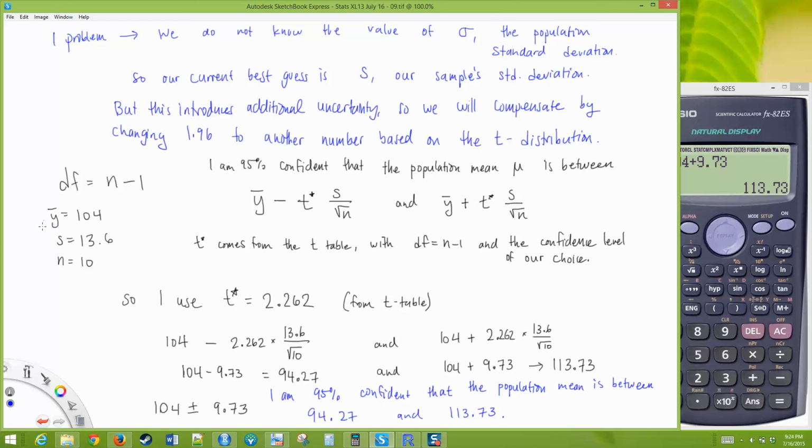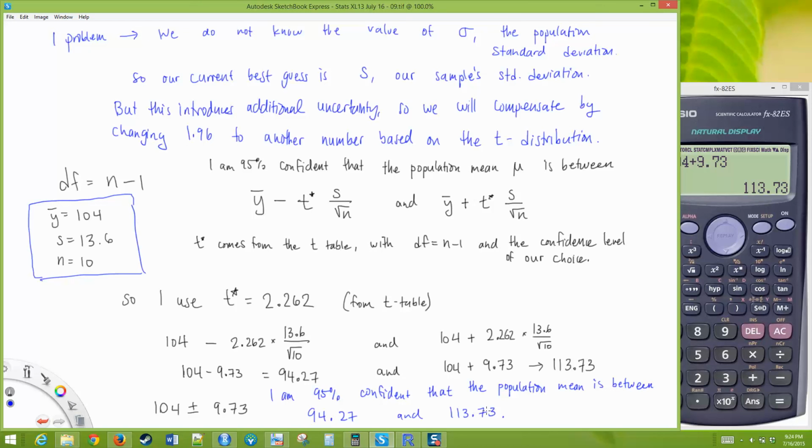And we can say that from just this little bit of information. We take a random sample of 10 people, we get an average of this, standard deviation of this, and based on that, we can then make a statement about the mean of the entire population and say, I'm 95% confident that the mean of the entire population is between this number and this number.